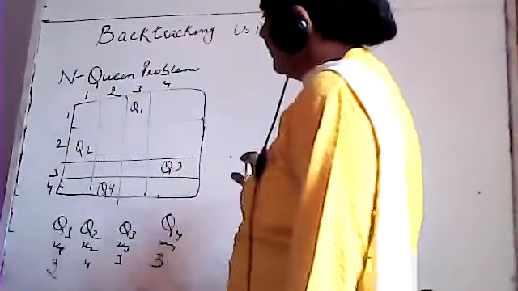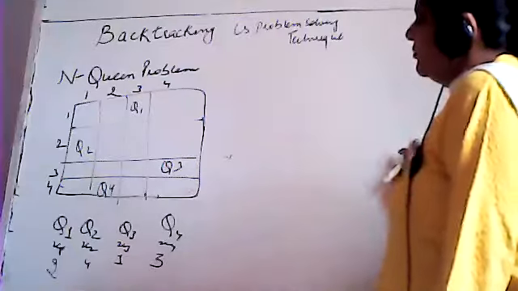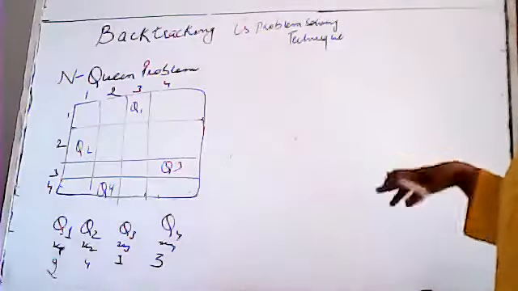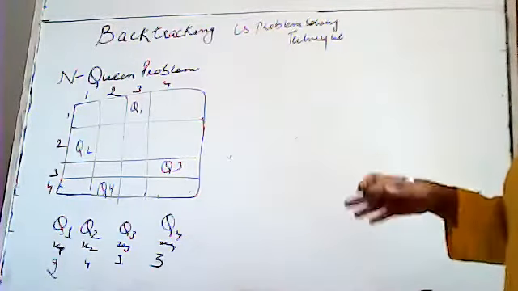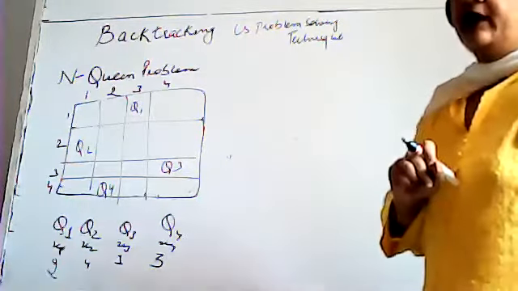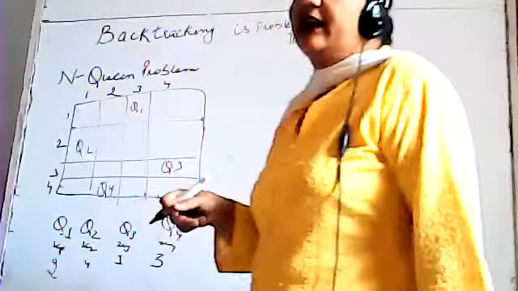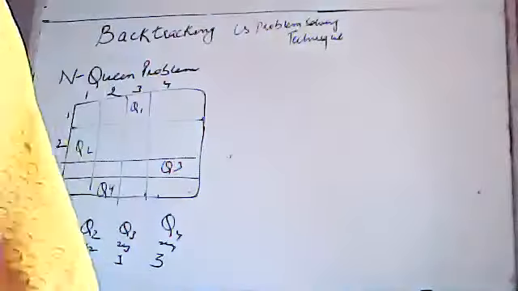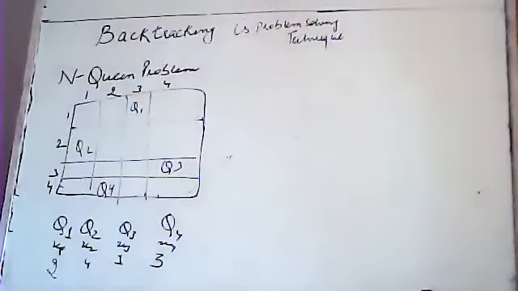Okay. Is it right? Q1, Q2, Q3, and Q4. It is 3, 1, 4, 2. Yes, ma'am. That is exactly the mirror image of what you have done. Okay. That means you have applied which technique?